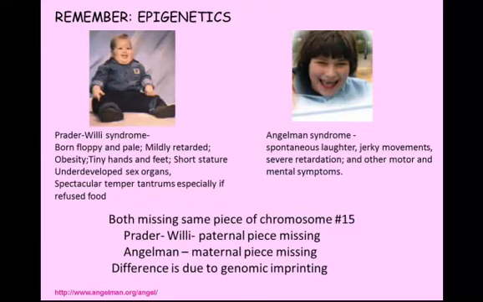Remember, organisms have 2 copies of every chromosome, one from dad, one from mom. And the difference that produces these very different phenotypes, these very different syndromes, is due to something called genomic imprinting, a change that happens not in the gene code, but in how those genes are expressed.